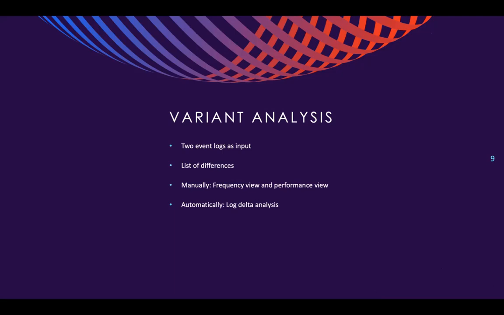The analysis can be done in 2 ways, either manually or automatically. Manually, 2 models are being compared visually with a frequency view and performance view, and from there differences can be discovered. Alternatively, log delta analysis can also be used by producing patterns with 2 event logs used as inputs. The patterns are then analyzed to discover differences.